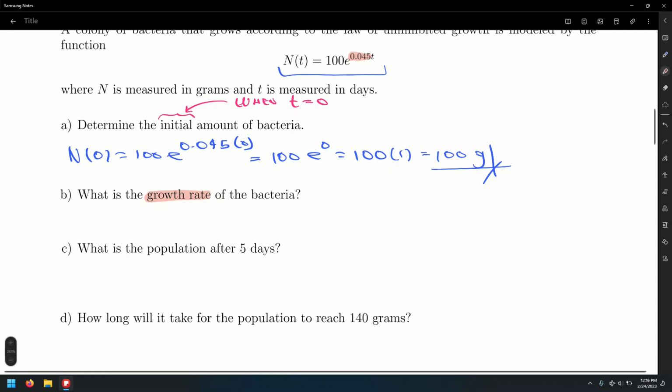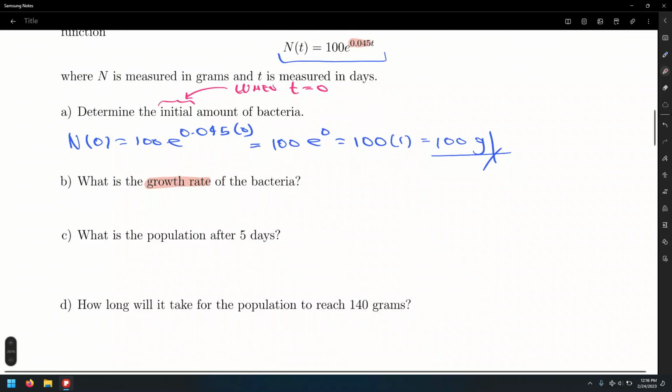In a similar way to the slope of a linear function, which is a measure of the steepness of the line, whether positive or negative, in exponential functions that number that multiplies the variable t, x, or whatever variable, is the growth rate or the decay rate. It's sort of the slope, if you will. But we don't call it the slope in exponential equations. We call it growth or decay rate.